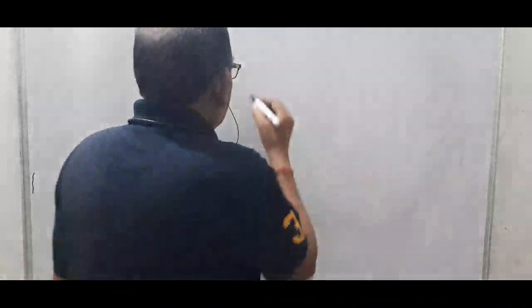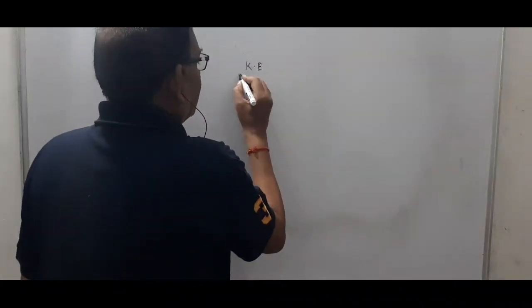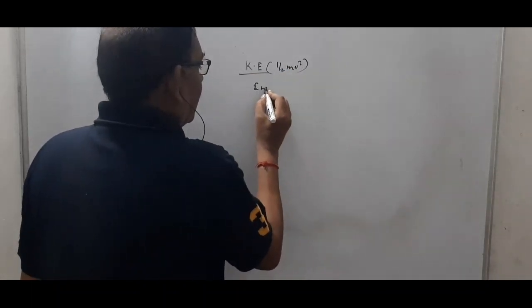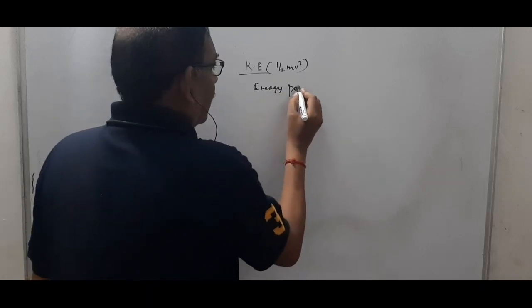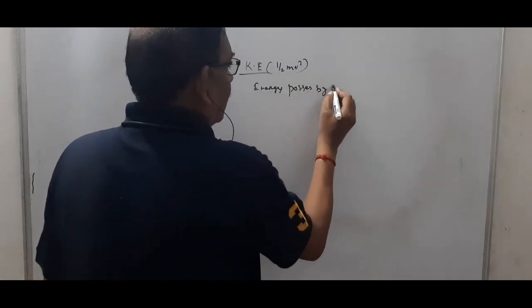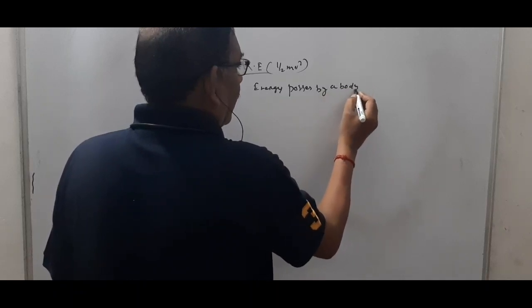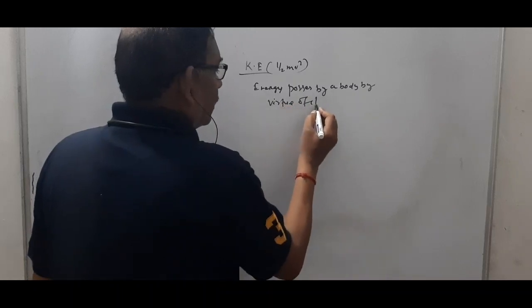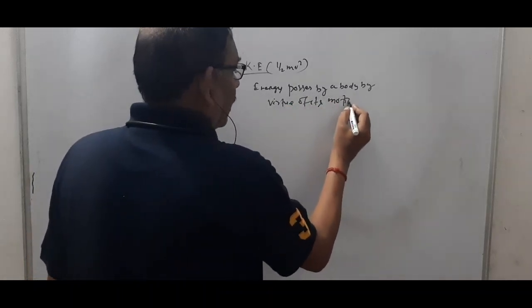So what is actually kinetic energy? The energy of flowing water is an example of kinetic energy. The energy possessed by a runner is kinetic energy. So kinetic energy is defined as the energy possessed by a body by virtue of its motion.